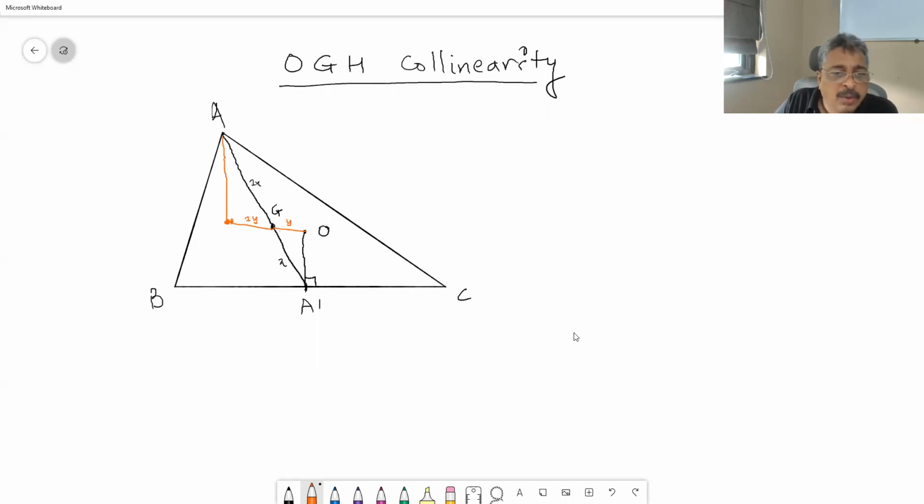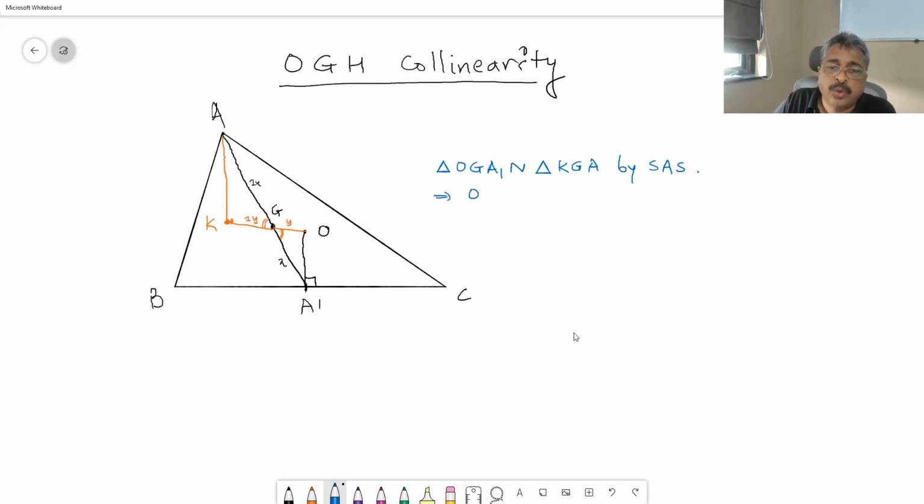Now these are vertically opposite angles and both of them are equal. Therefore, let us call this point K. Triangle OGA' is similar to triangle KGA by SAS.